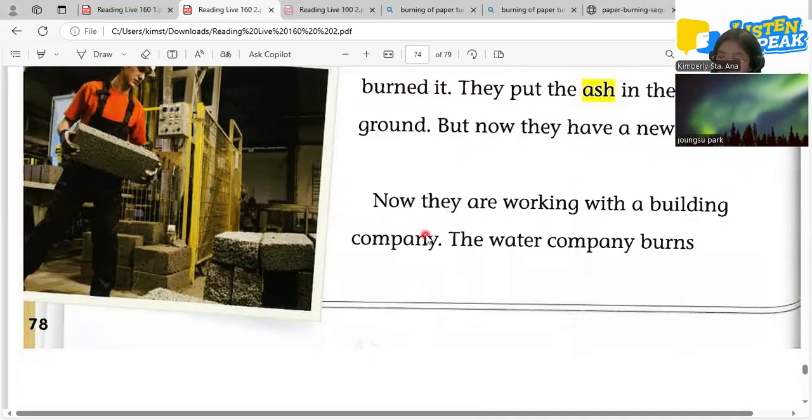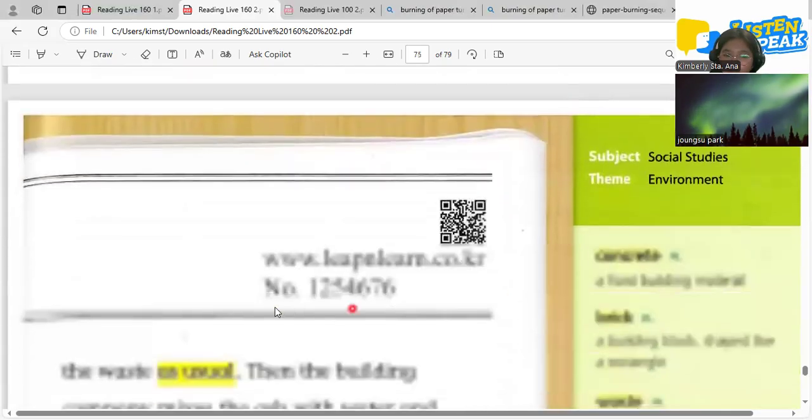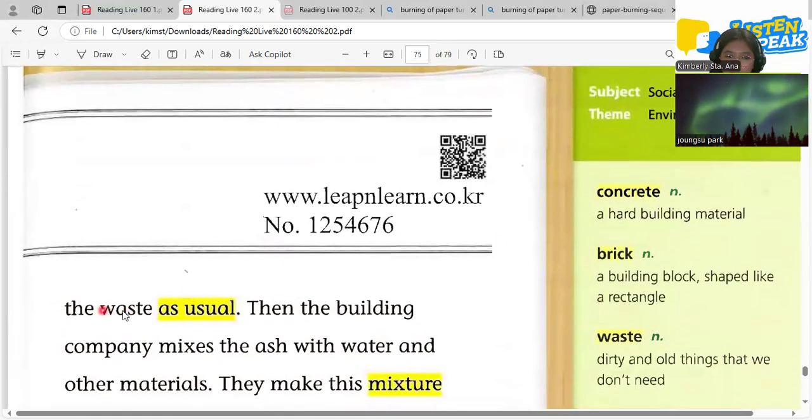Now they are working with a building company. The water company burns the waste as usual.